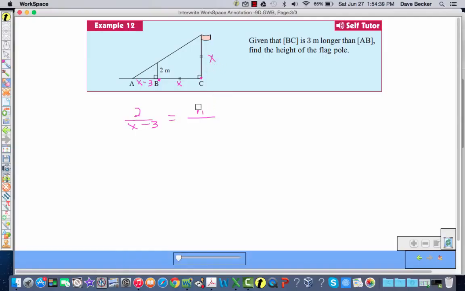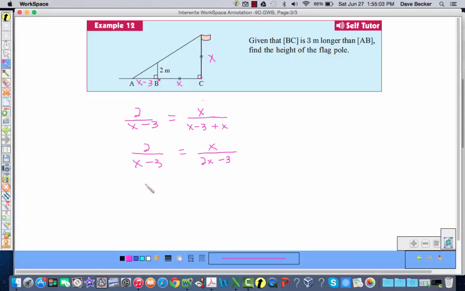Okay, so that's x. So as x, because this segment is equal to this segment, as x is to the entire length here, which would be x minus 3 plus x. Okay, so let's simplify this before we cross multiply. So that's going to be x over 2x minus 3. So then we would get x times x minus 3 is equal to 2 times 2x minus 3.